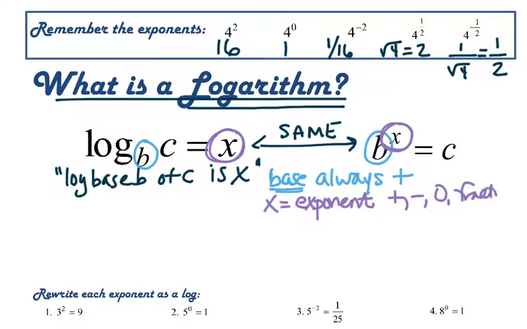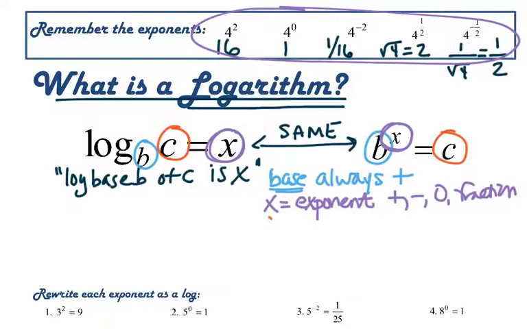The exponent can be anything, as we saw up here, right? And then the answer is the c. So c here is the answer, and the answer is also always positive. A positive number raised to any power is always positive.